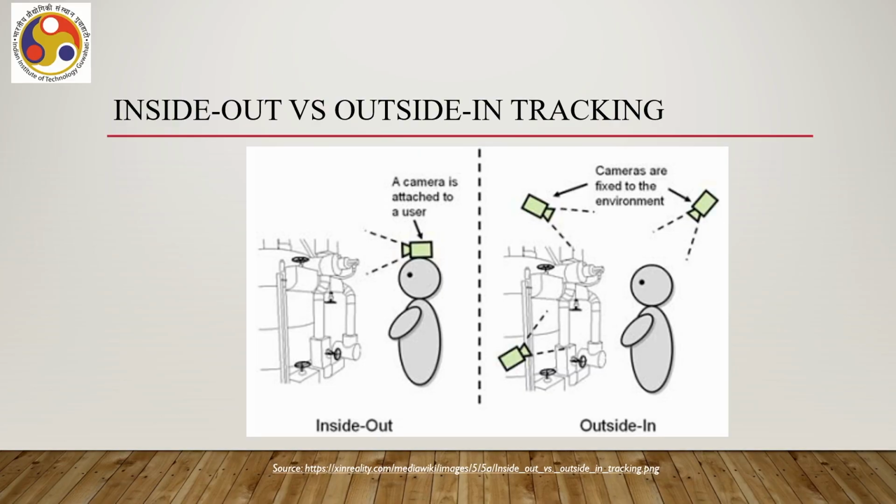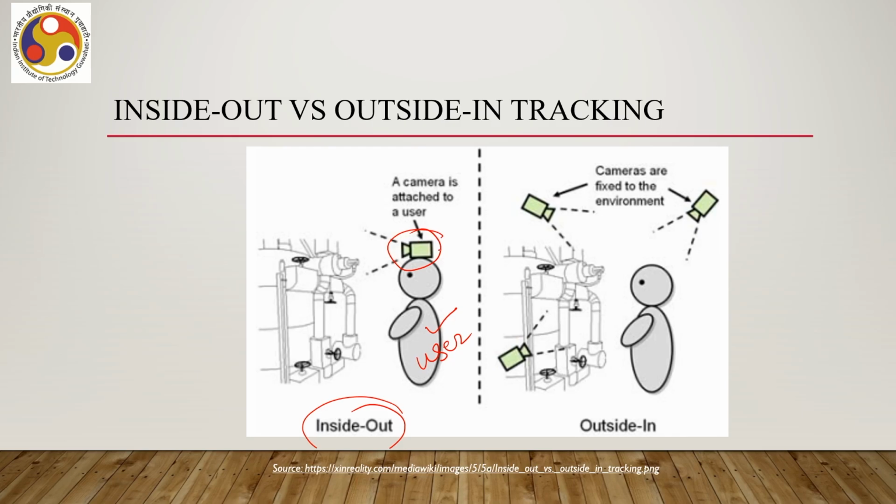Schematically, we can understand the two categories of tracking systems based on the location of sensors as shown in this accompanying figure. So, in case of inside out, suppose this is the user and this is the device through which the user is experiencing the VR in this case.